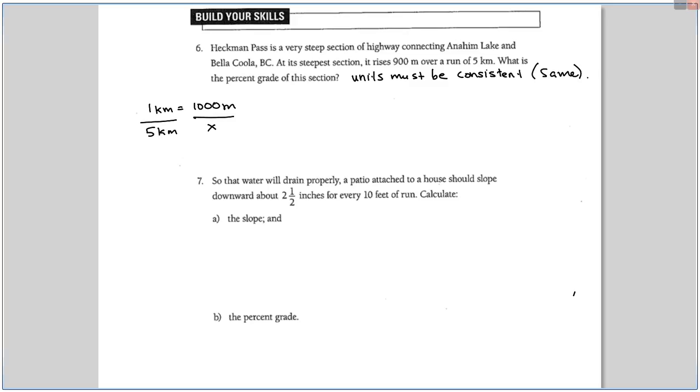So the rise over the run is 900 meters over a run of 5 kilometers, which we will translate into 5,000 meters. The meters cancel. Slope is without units. So that's just a little note. Slope has no units. All you have to do is 900 divided by 5,000.